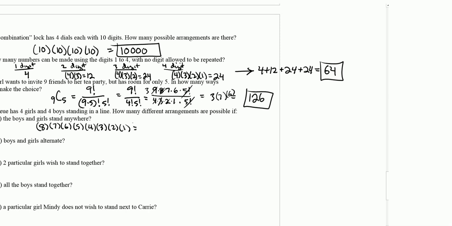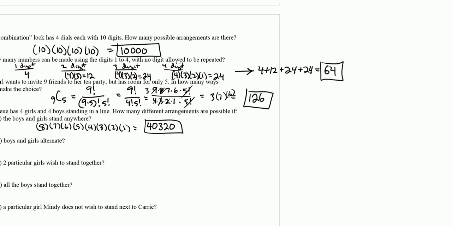So this is the same thing as 8 factorial, and when you punch that into a calculator, you get 40,320. So there are 40,320 different arrangements if they stand anywhere.